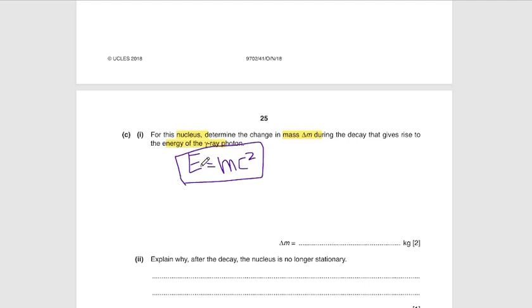There's just an interchanging that can happen. They have said here that the change in mass during the decay gave rise to this energy. So this is the change in mass, this is the energy. We have the energy, we have our c squared as well.